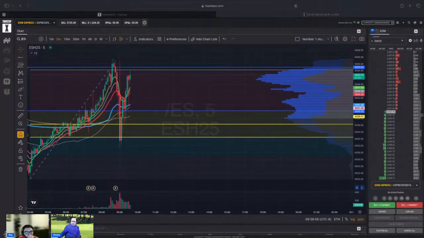I might be making a mistake. I'm going to move this back to 235. That would get us $100 on the trade if that was to play out. So that $5 is $50 that we could miss out on if it does hit up there.